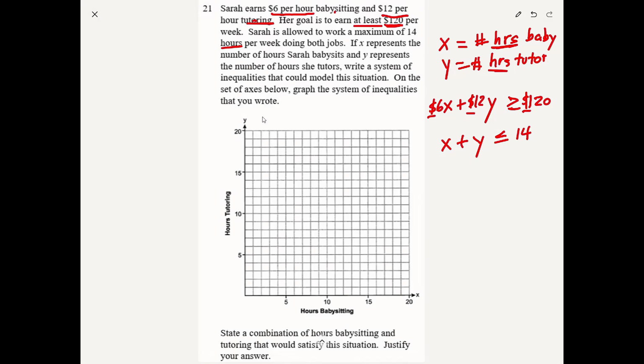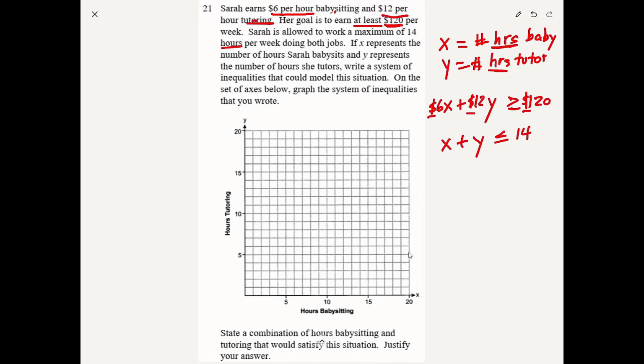Now, before I do that, I want you to pay attention to something. Most of the time when they give you graph paper, it doesn't have numbers on it. But this one does. So we're going to use this to help us change our calculator. So you can see the number of hours babysitting goes up to 20, and the number of hours tutoring goes up to 20.